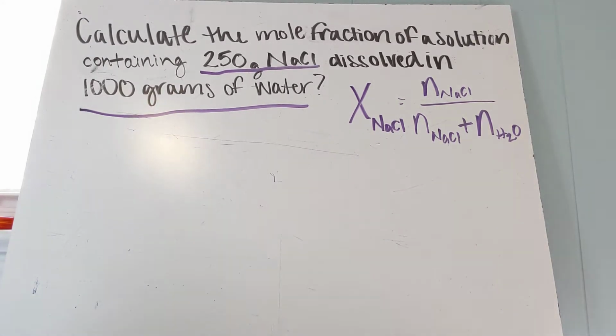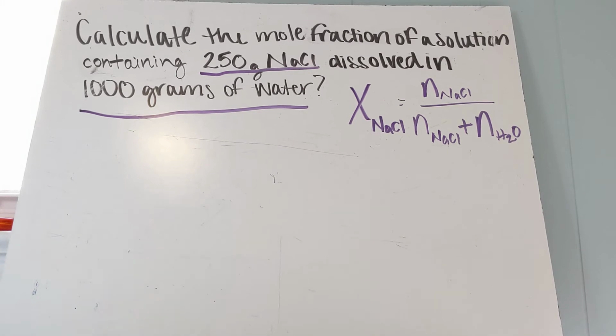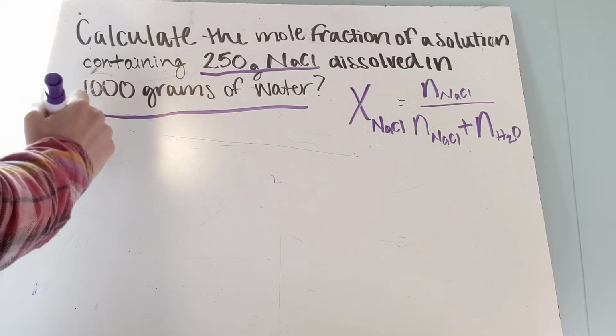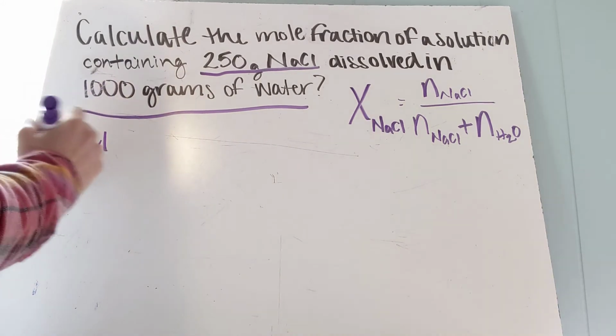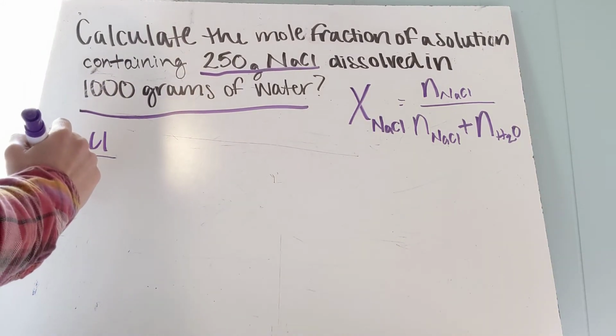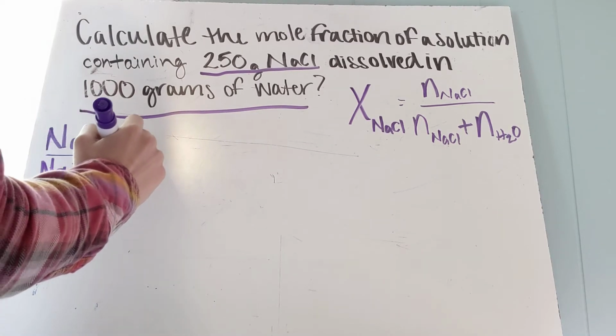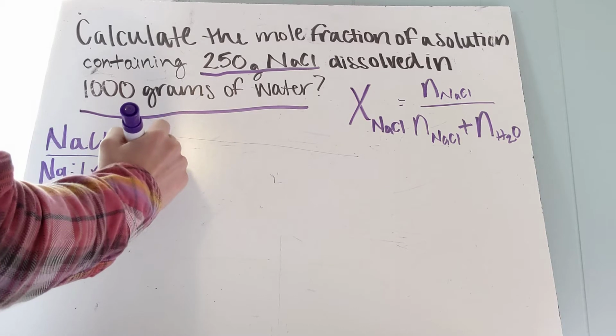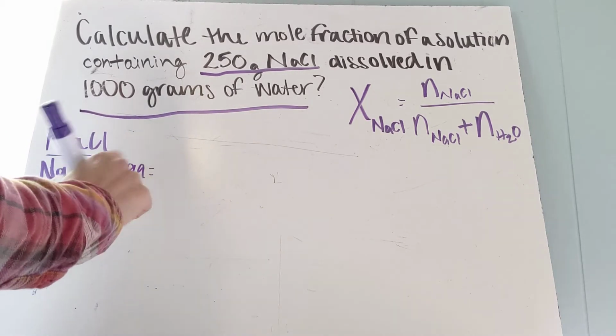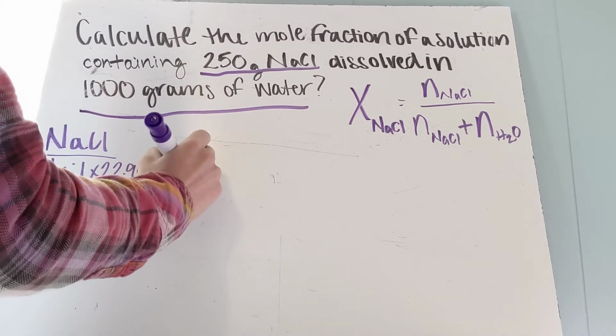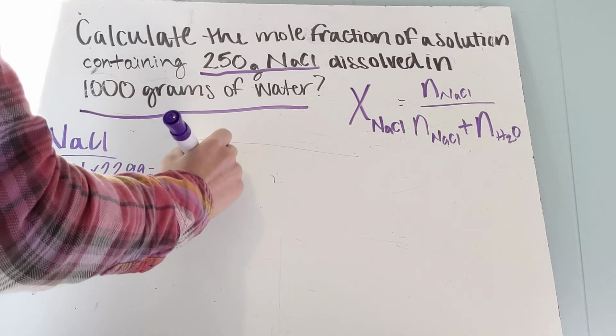You might know the molar mass of water off the top of your head. You may not know the molar mass of NaCl off the top of your head. So we're going to find that one. NaCl, 1 sodium, periodic table tells us that the molar mass of sodium is 22.99 grams per mole.